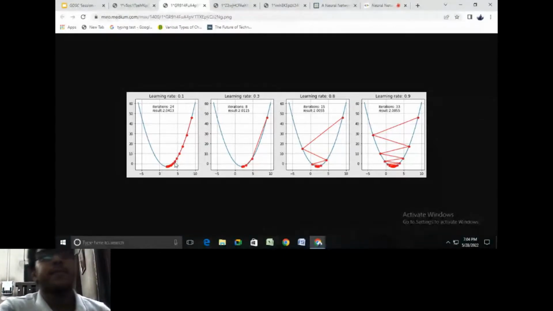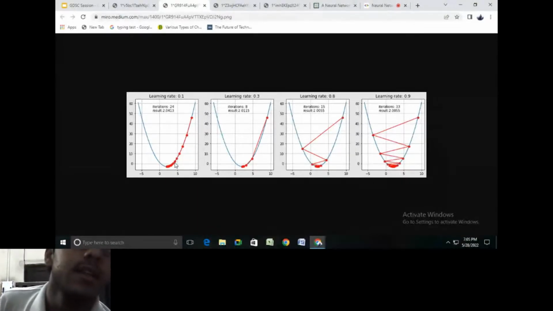Why is this? This is because as the function approaches the minimum, the value of the gradient gradually slows down. Here, the learning rate is constant. The learning rate is not really changing. We have kept the learning rate fixed at 0.1.